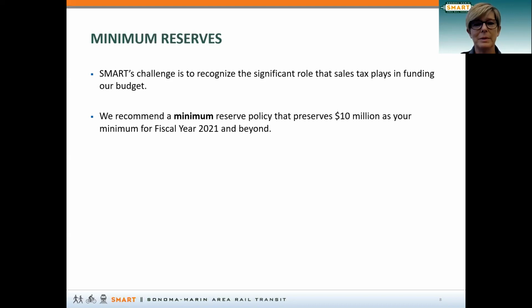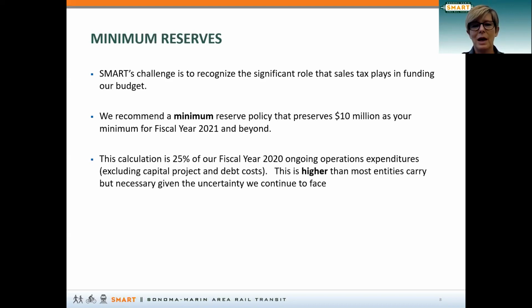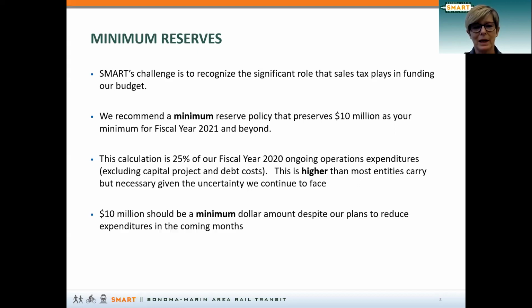So we're recommending a minimum reserve of $10 million a year starting in fiscal year 21, and that's equal to 25% of our operations expenditures. It's actually a higher percentage than most entities carry, and you can see in that chart that I showed you earlier, there were not any entities that had 25%, but this is what we're recommending. And we're recommending that the reserve be $10 million, even though we're about to cut the budget lower than that.